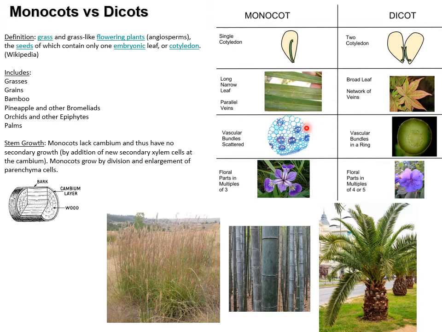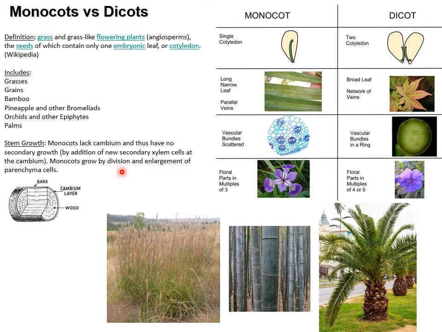They are all concentrated inside of these dark circles here. These are called vascular bundles, and they contain one to many vessels inside the bundle. And so vessels only occur in these vascular bundles. Now the vascular bundles themselves are scattered throughout the stem.